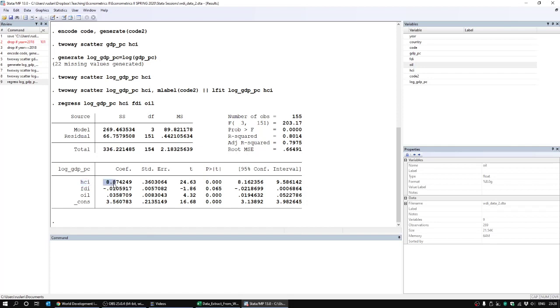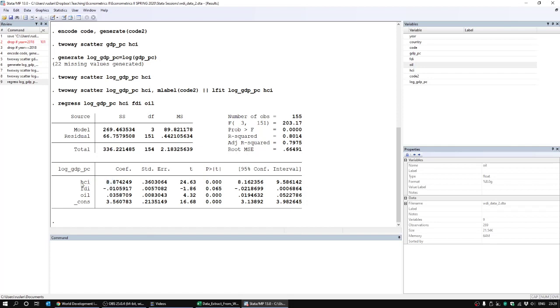Then GDP per capita will increase by, so I'm dividing this coefficient by 100, right? And then multiplying by 100. Yeah. Therefore, I say that GDP per capita increases by 8.8%.